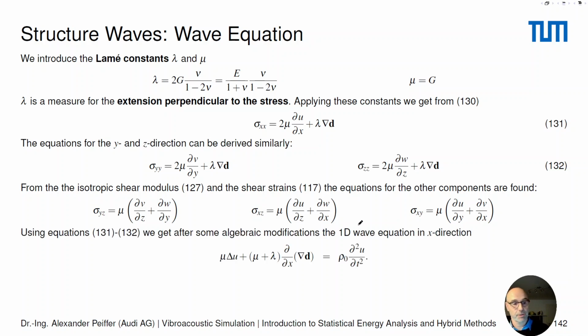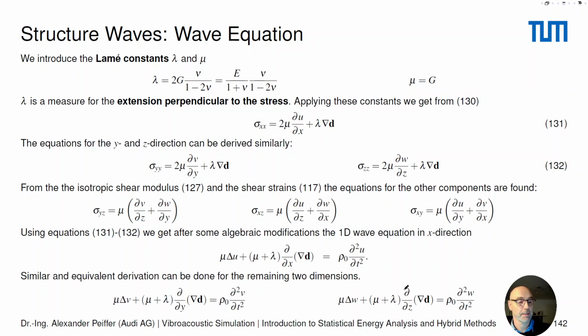So good, we can use this and enter this into our existing equation, the 1D Newton law. And then we would get for the x direction this expression, just using all those above definitions of the stresses. And for all the other directions, you would get other expressions, but quite similar logically.